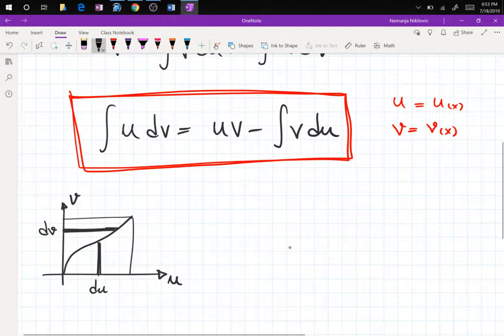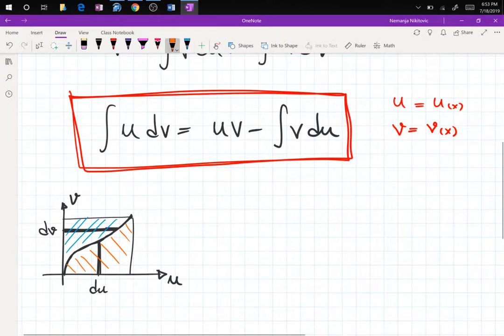Now, the function you have here, this is not f of x, obviously, because this is a u and v axis. We are going to take a look at the orange area and the blue area.